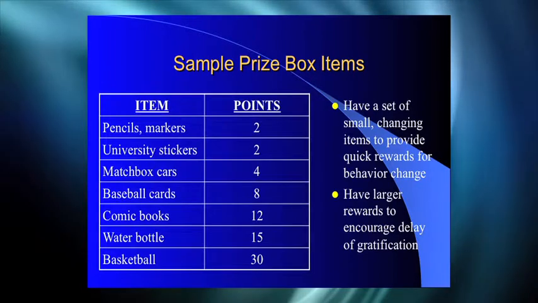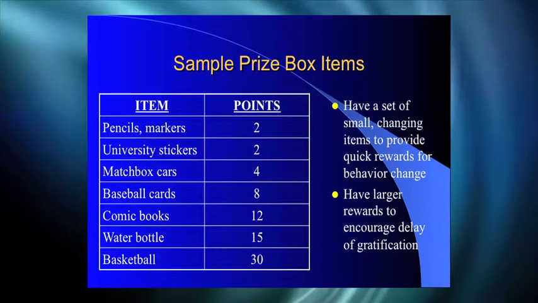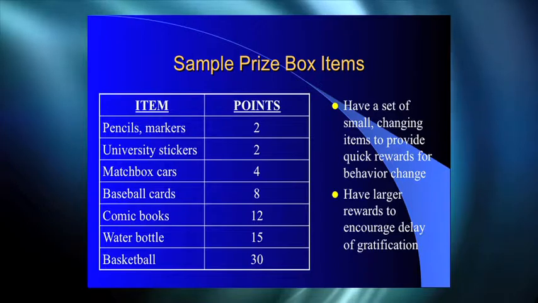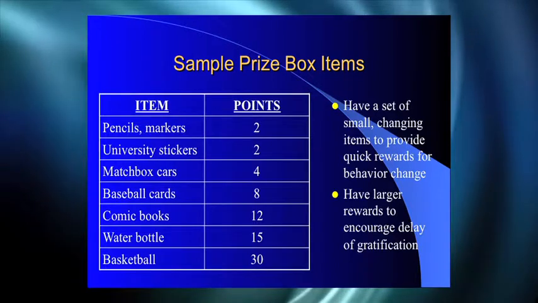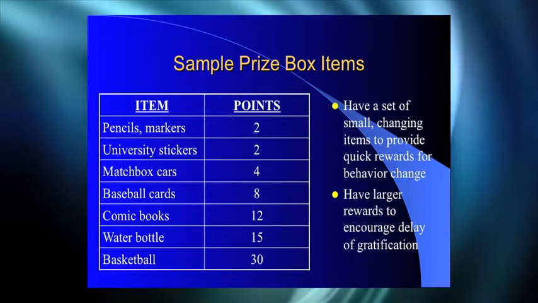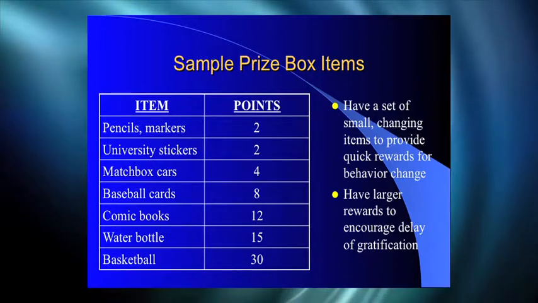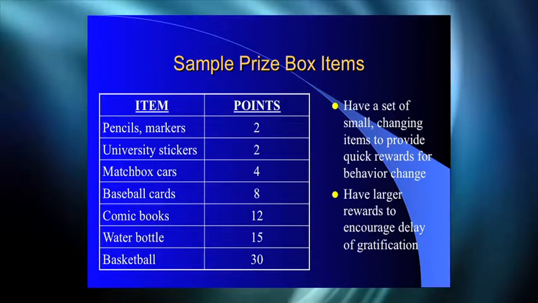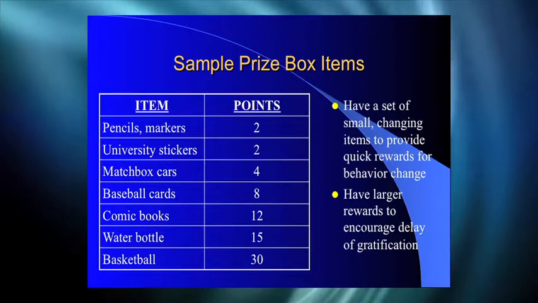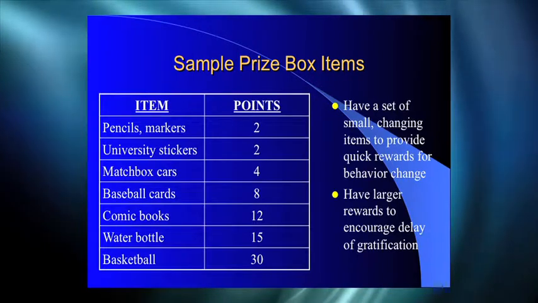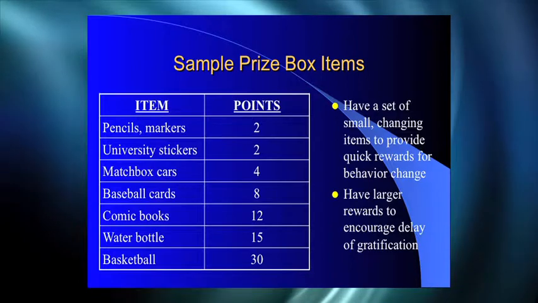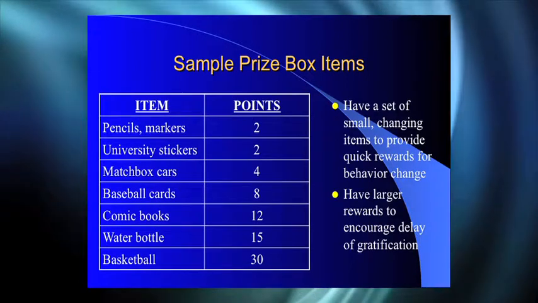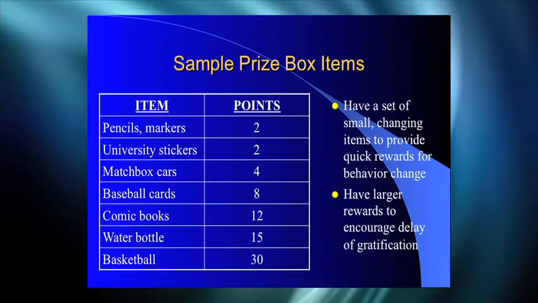So this is an example of the kinds of things that we might include in a prize box of items. From looking at it, you can see these are things that you would need to have a budget to purchase. How many of you have some kind of treasure box or incentives that you use right now? Okay, so some. We try to find a range of reinforcers and award point values to it so that we have prizes that are small enough that the child could earn enough points to purchase during each group session.